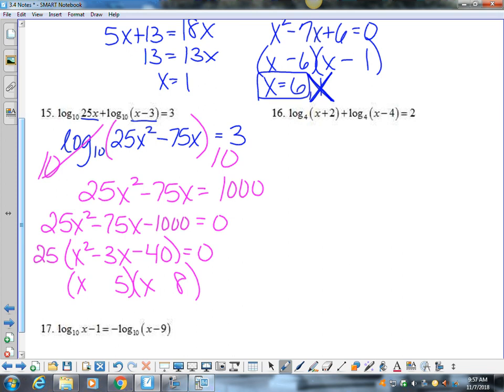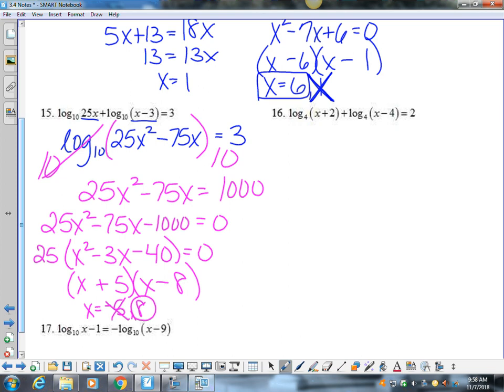Five and 8. Do I need to slow down? So x is going to equal a -5 and a +8. Can I keep them? Can I? Go back to the original problem. I cannot keep the -5. I can keep the 8.